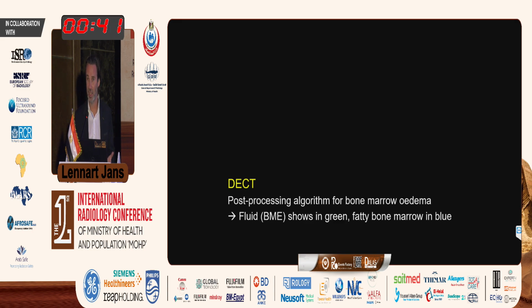So CT can help here. Dual energy CT allows to get rid of one type of tissue. So here we choose to get rid of the calcium. So we're not going to see the bone anymore, but we will see the bone marrow. And then there are two colors. The fluids will show up in green, and the fatty bone marrow will show up in blue.